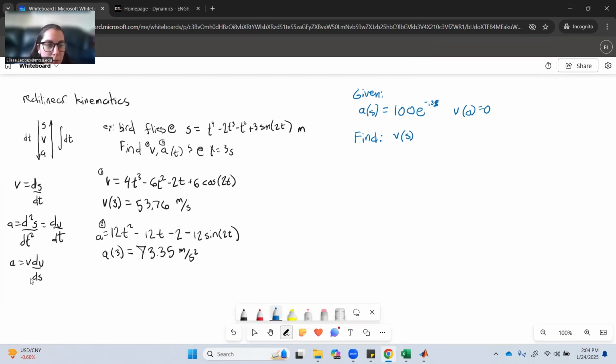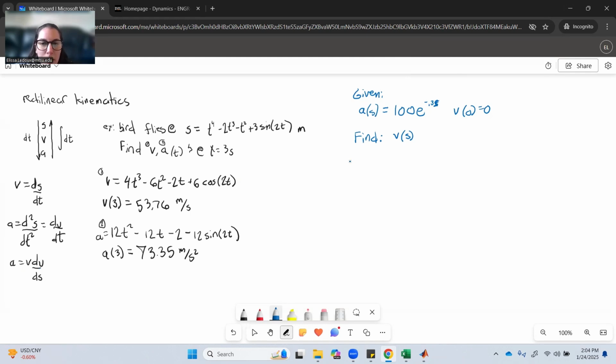In this case, we have a different relationship to use. So instead of a equals dv dt and integrating that, we're going to have a equals v times dv ds, and we integrate that. So we see there's that extra v in there. So in that case, it won't be just a direct integral of a dv. We'll have an integral of v times dv, so that'll end up with a v squared.